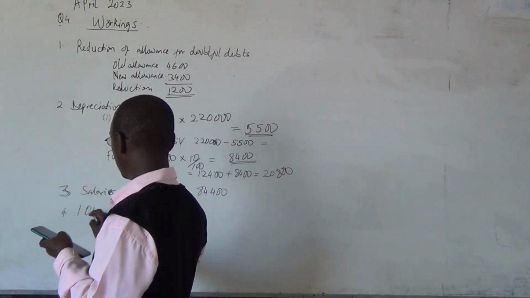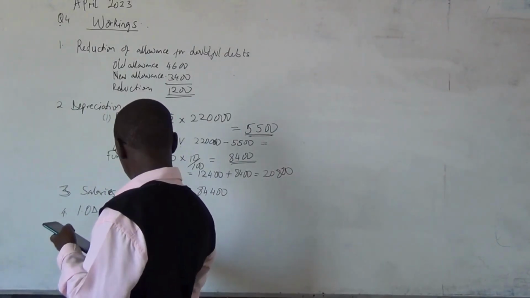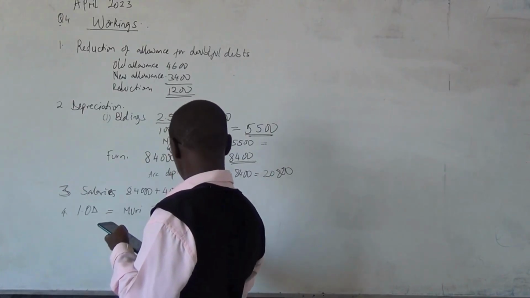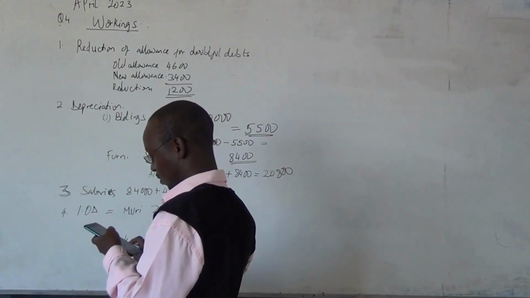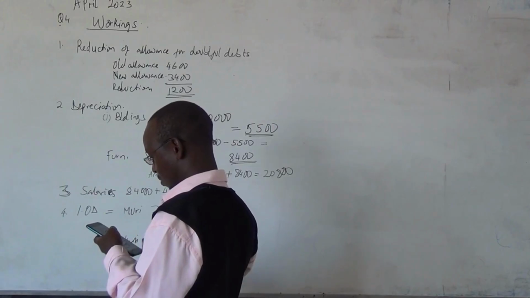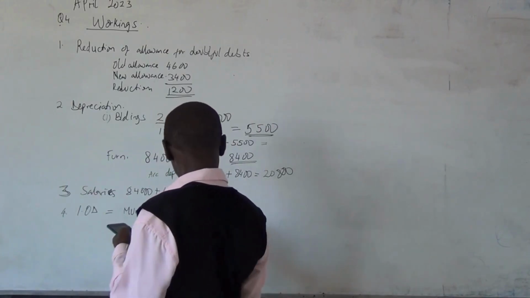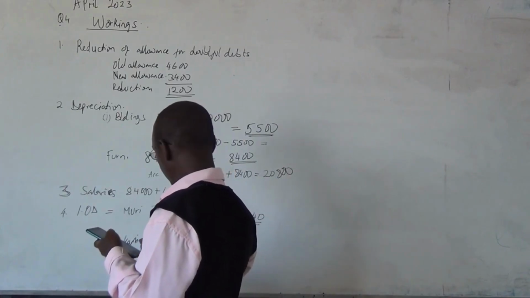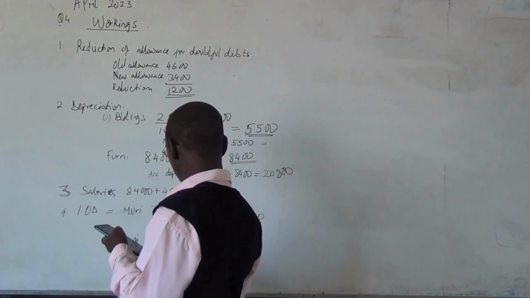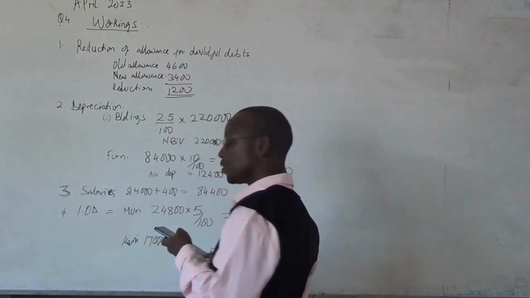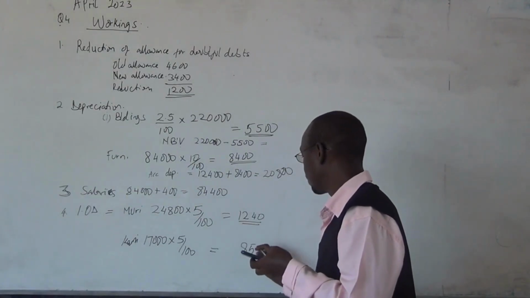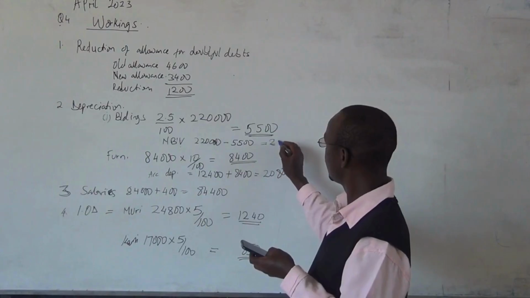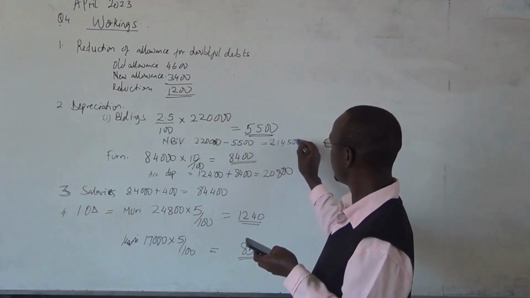Interest on drawings: Muri, 24,800 times 5%, you get 1,240. Kami, 17,000 times 5%, you get 850.